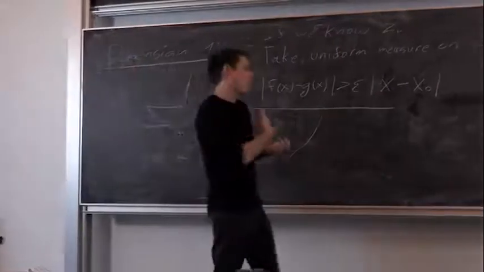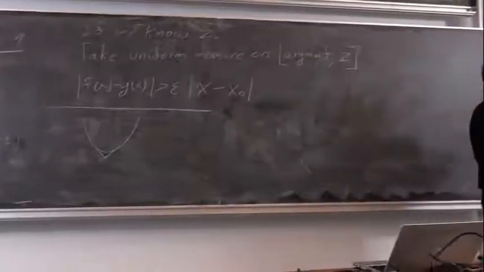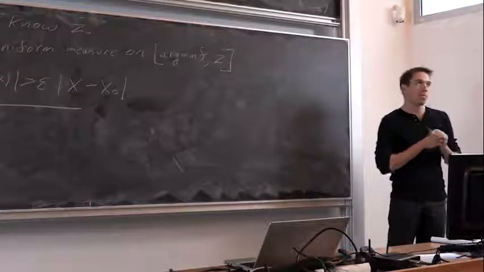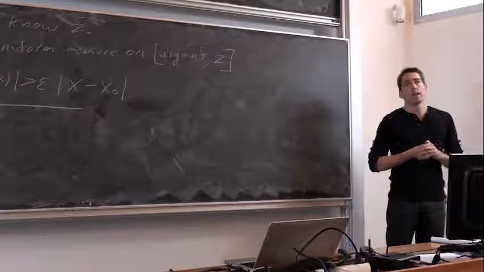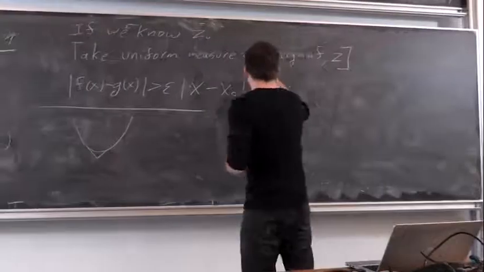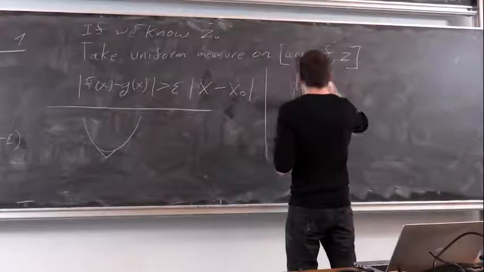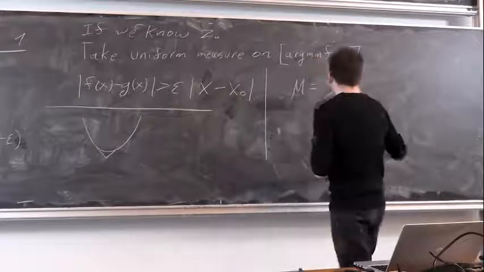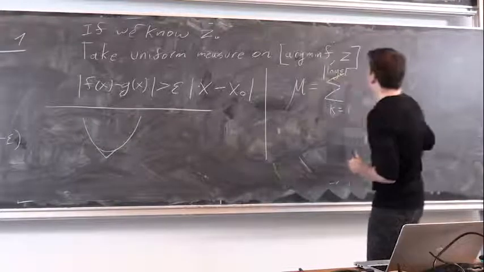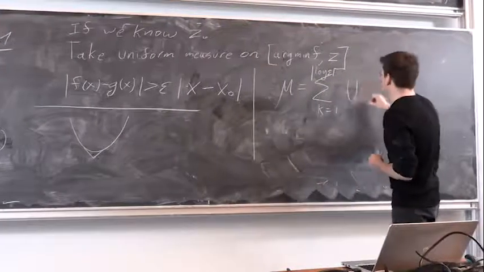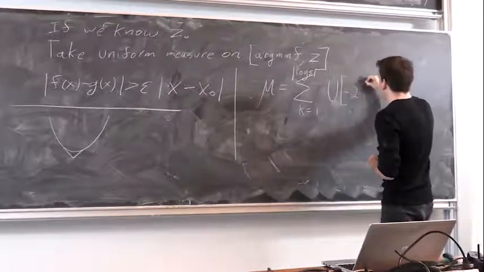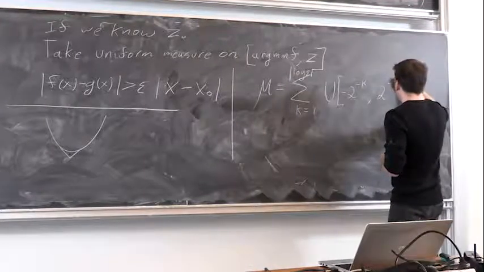What we'll get is that just the number of scales, it's not hard to see that the smallest scale we have to look at is something like epsilon because of the Lipschitzness. And we'll just lose log epsilon, but up to that we'll be fine. So really, our construction is mu will be the sum over all k between 1 and log epsilon, and here I'll just take the uniform measure between minus 2 to the minus k and 2 to the minus k.